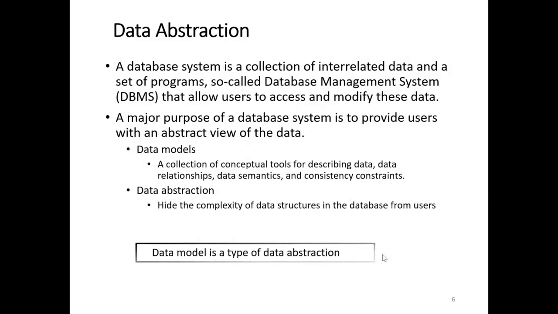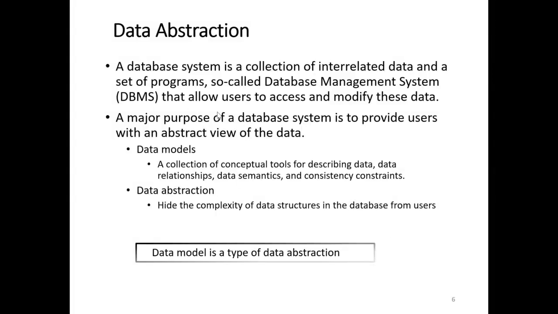Then for data abstraction, we know that a database system contains two parts, the data itself and the database management system, which is a collection of programs to handle all kinds of operations on the database, like read access, write access, update access, delete access, and so on.